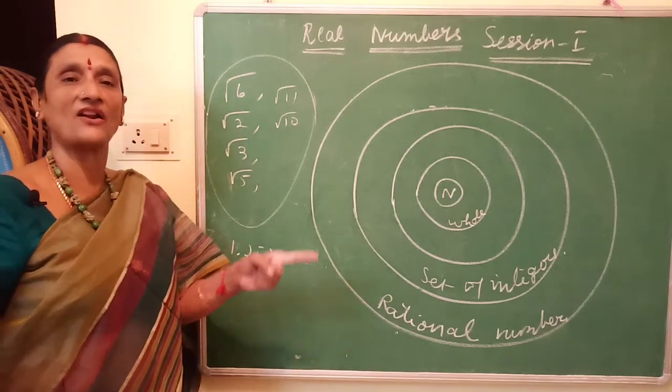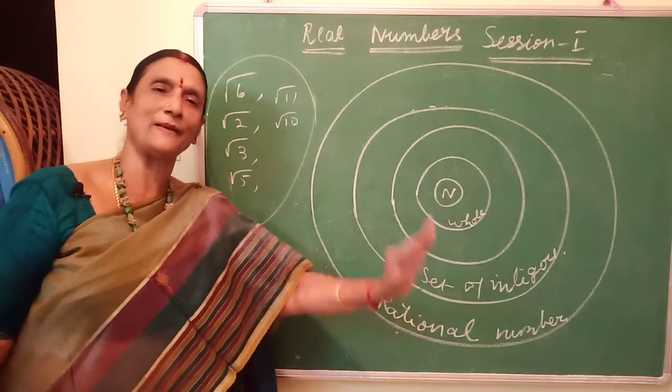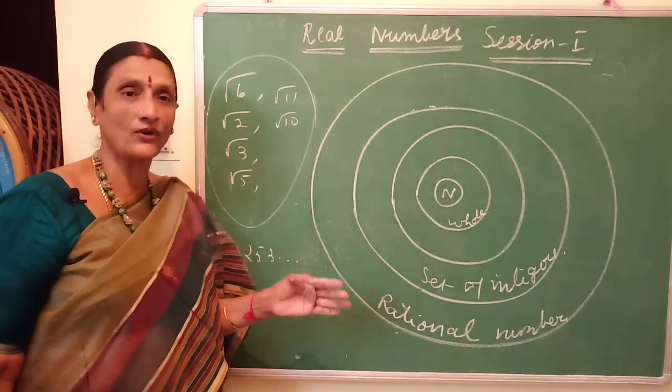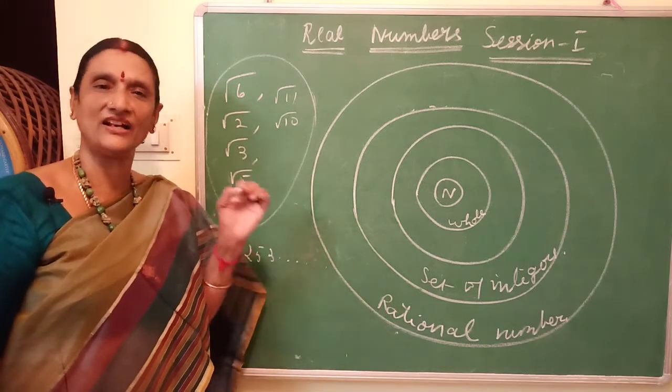Such numbers are also existing, and such numbers can also be represented on the number line perfectly, and therefore we categorize those numbers as irrational numbers.